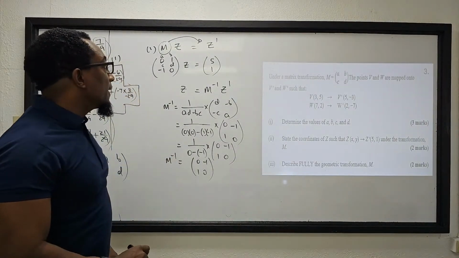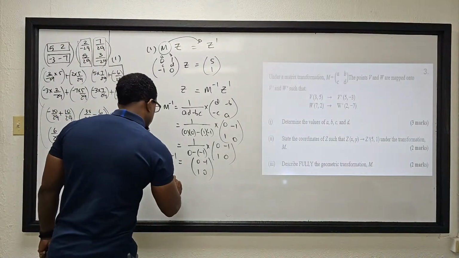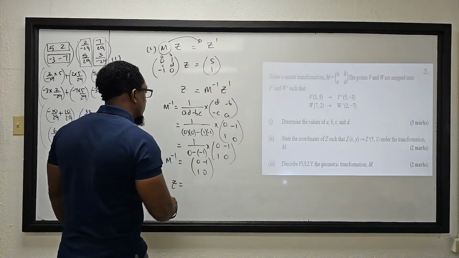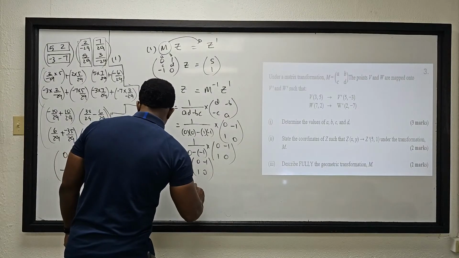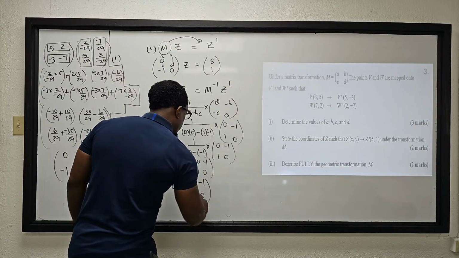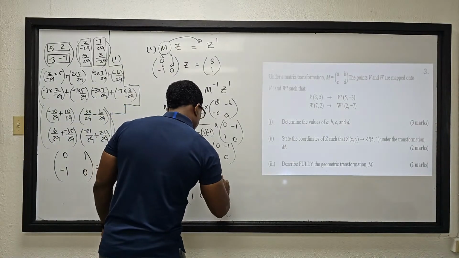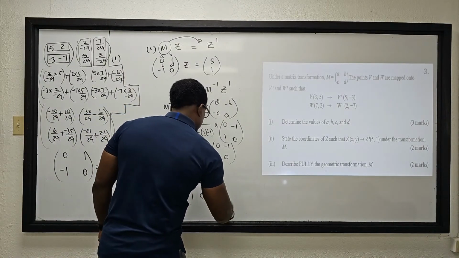So therefore, for me to get Z now, I'm going to multiply M inverse, which is 0, negative 1, 1, 0, by Z prime, 5, 1.